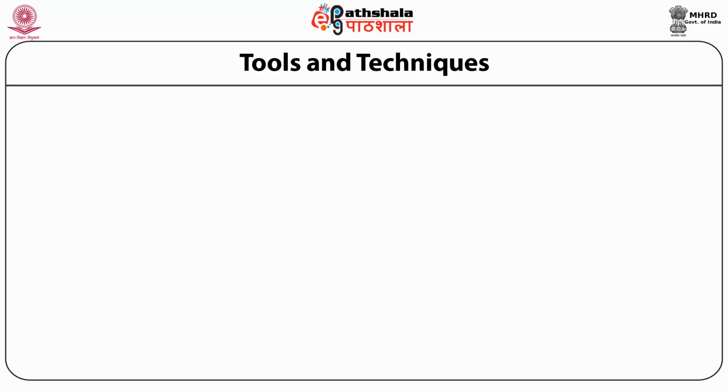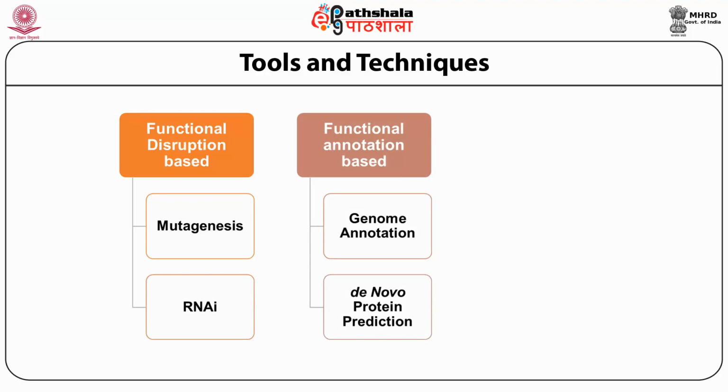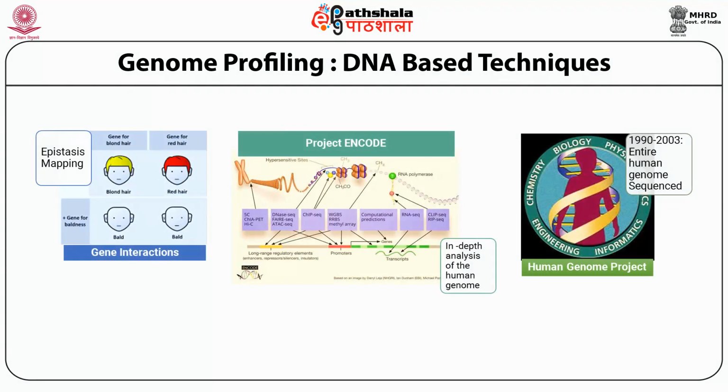Some tools and techniques also include disruption-based studies which aim to disrupt the gene in order to analyze its function. Some techniques use functional annotation-based studies. And finally, there is the integrative approach, which aims to integrate the bioinformatics tools and non-bioinformatics tools in order to produce constructive databases.